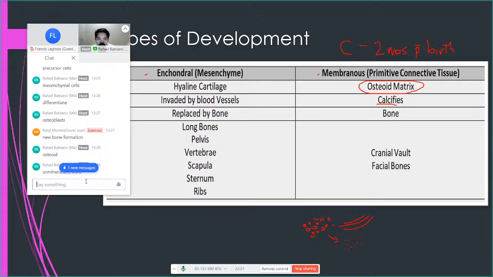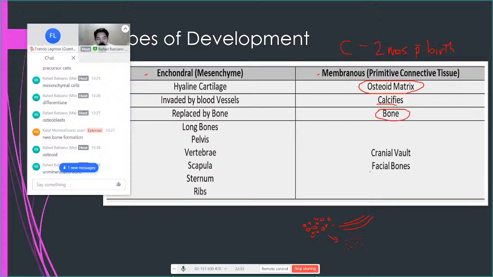Okay, calcify, ossify, it becomes bone. So when the fetus grows and receives more nutrition, it calcifies and becomes bone. If you can see here, it becomes the bone.